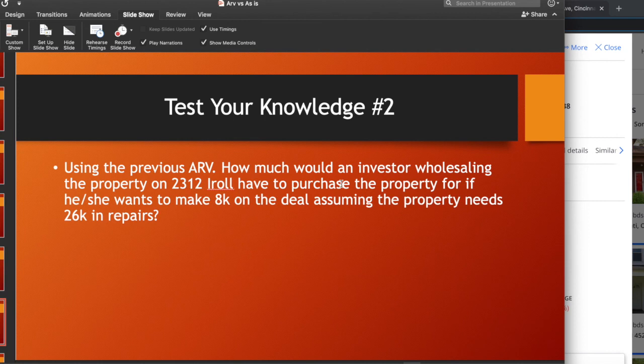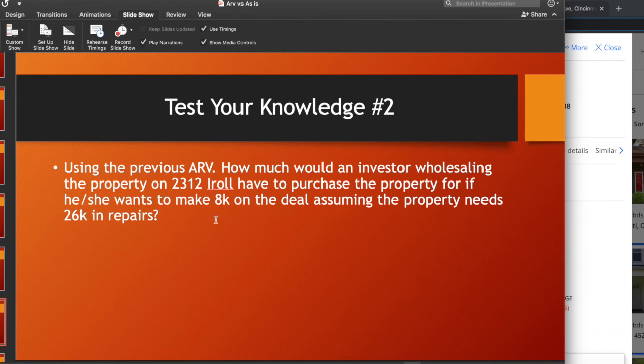Test your knowledge number 2. Using the previous ARV, which we know is $72,500, how much would an investor wholesaling the property on 2312 Iro Avenue have to purchase the property for if he or she wants to make $8,000 on the deal, assuming the property needs $26,000 in repairs?